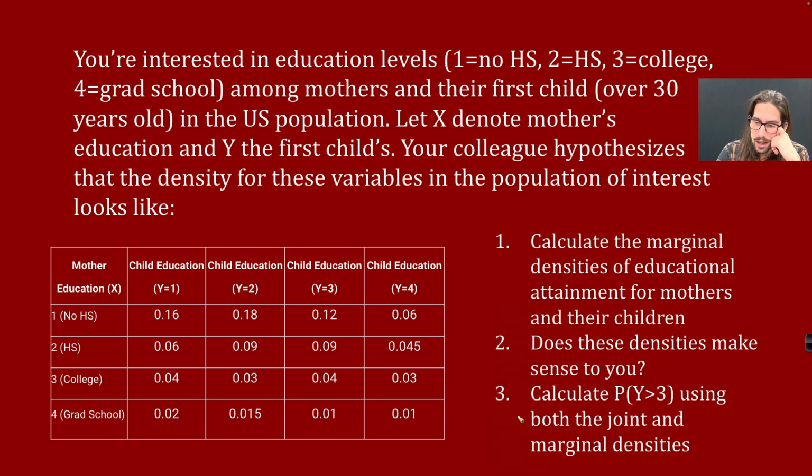All right. So we're calculating the marginal density of both variables. So we'll do the marginal density of mother's education first. So what's the marginal density at x equals 1? It's just the sum of these values here. So I'm going to sum up all of these values. Let's just make a little table over here in the margin.